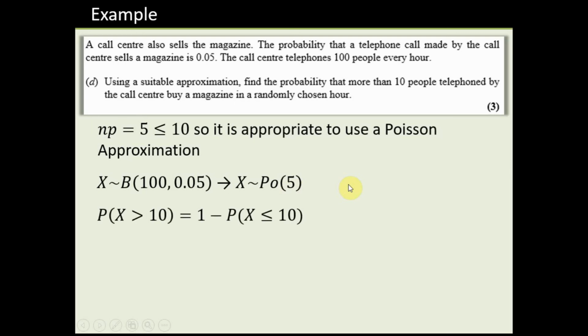Okay, we're looking for the probability that x is greater than 10. Well, from now on this becomes a standard Poisson problem, so if it's greater than 10 we want to put that in the form less than or equal to, so that's 1 minus the probability that x is less than or equal to 10, and we can use our tables or our calculator to work that out, and it gives us the answer 0.0137.